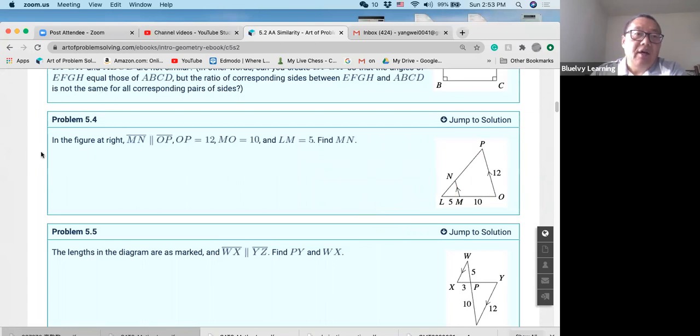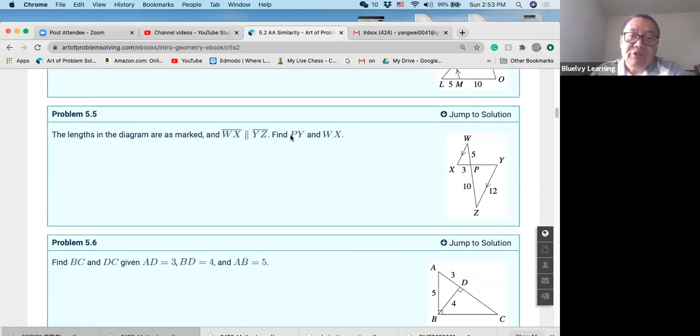Okay, so now let's see the next one, 5.5. In this one, they give you line WX parallel with YZ. Then they ask you to find PY and WX. Okay, I already told you, if you have two lines parallel to each other, definitely you get similar triangles here.